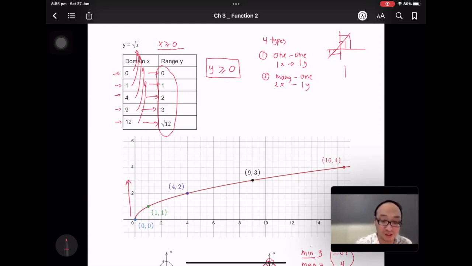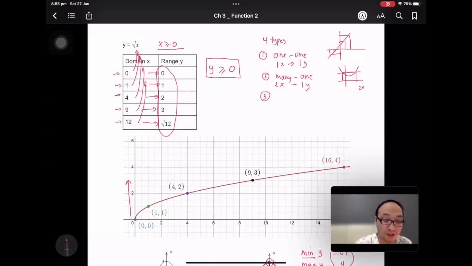For example, the quadratic graph, because we have one x, one y, but at the same time, we have another x that has the same y value. So there are 2 x that produce the same y value. So this is called many to one.